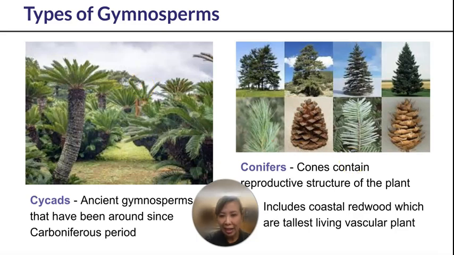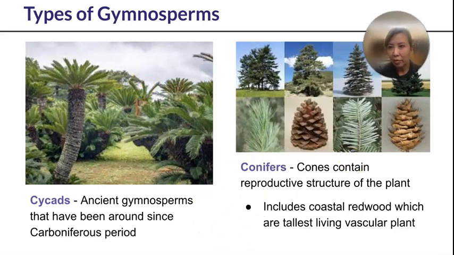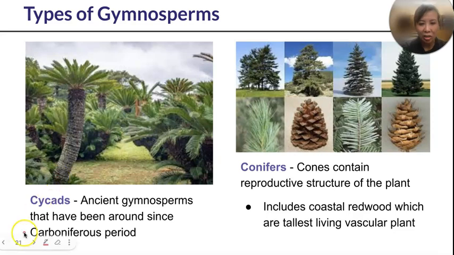The cycad is actually the most ancient gymnosperm. We believe that they've been around since the Carboniferous period. This is the period that lasted roughly 300 to 400 million years ago. The environment at that time is theorized to be really warm and humid.